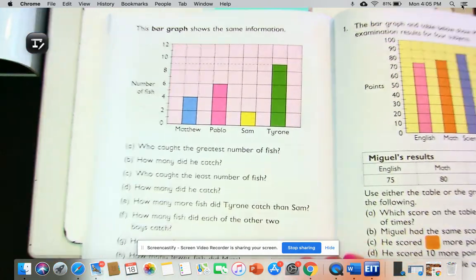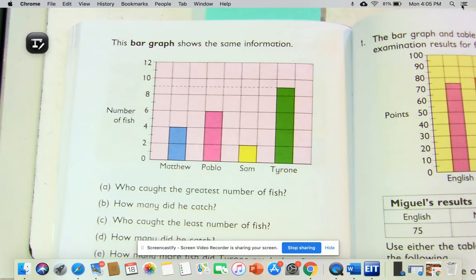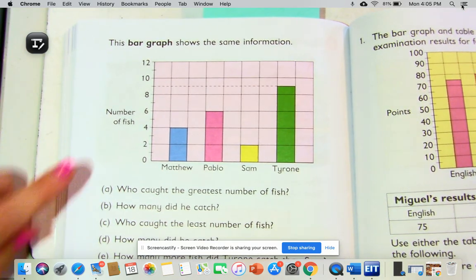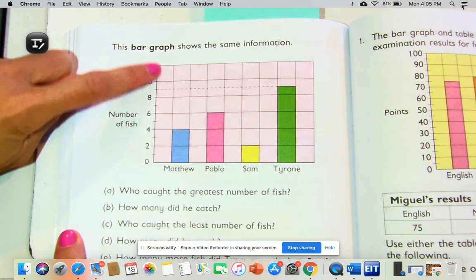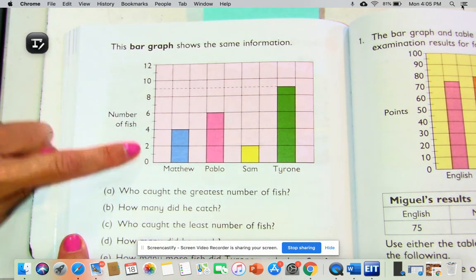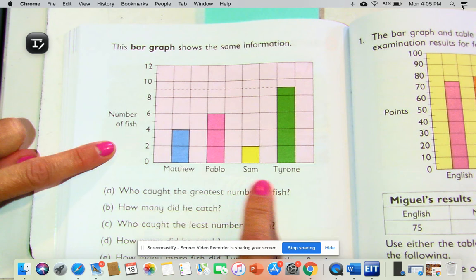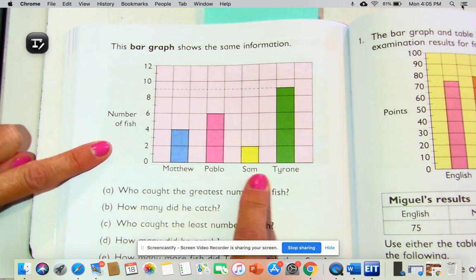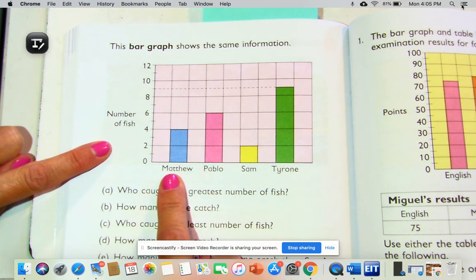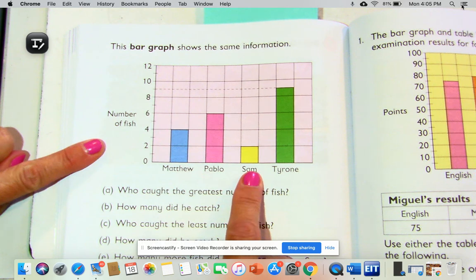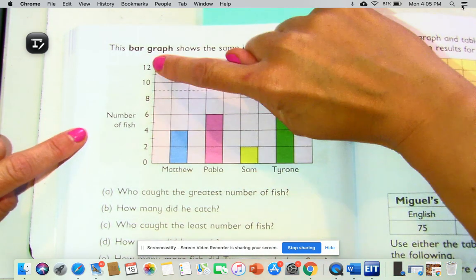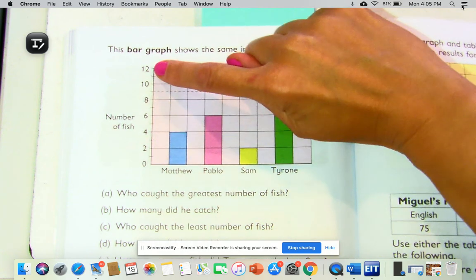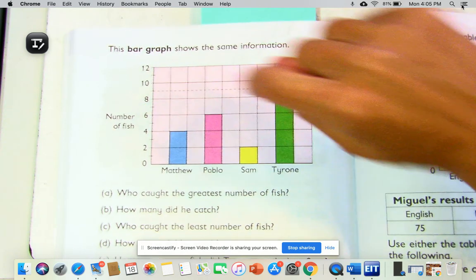And you'll notice on a bar graph that usually along one of the sides, they will have numbers, and along the bottom, they have some labels. Along the bottom, these tell us the names of the people who caught the fish. And along the side, this tells us the number of fish that each of them caught.